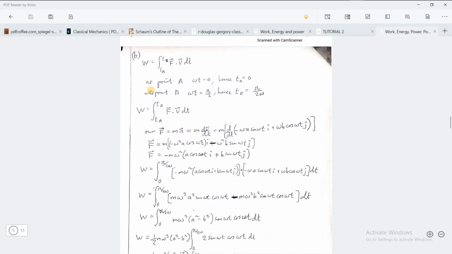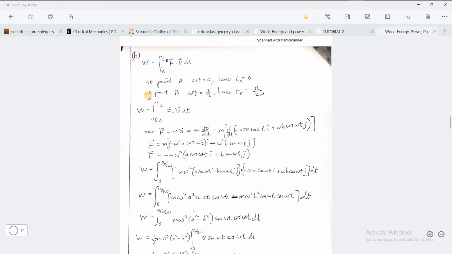Now using the formula for work equals the integral of F dot V dt, we know that at point A, omega t is 0, hence t_A is equal to 0. If omega t is 0, you make t the subject of the formula, cancel the omega, and remain with t equals 0, meaning the time at A is 0.